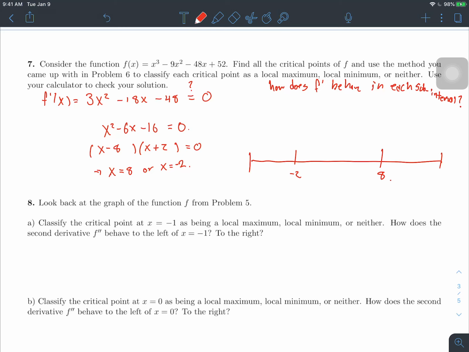So, what I'm going to do is choose a point from each of these 3 intervals here. And I'm going to evaluate f prime at these points to determine whether we have a situation that looks like, I don't know, plus and then negative and then plus, or maybe negative and then plus and then negative, or something like this. Okay, this is the strategy that I'm going to do. But I don't think I have time to give it my full attention, so we'll stop here today and I'll finish this example next time.